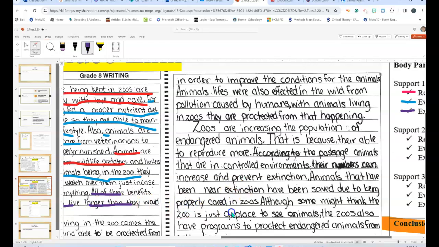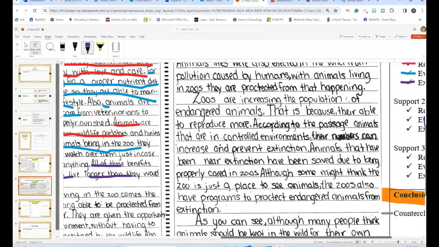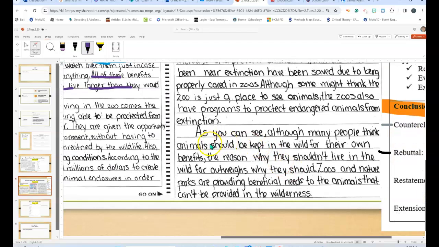Welcome back. So now we're going to jump to the last paragraph, the conclusion. As you can see, this is a transitional phrase that leads you into your conclusion. Although many people think animals should be kept in the wild for their own benefits, the reason why they shouldn't live in the wild far outweighs why they should. So here we have the counterclaim and the rebuttal.